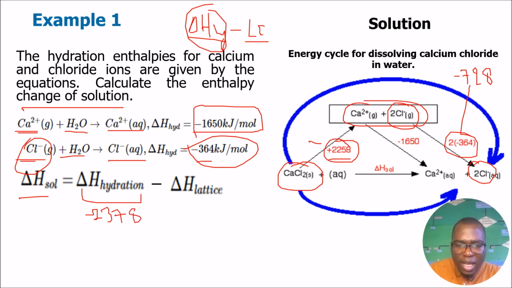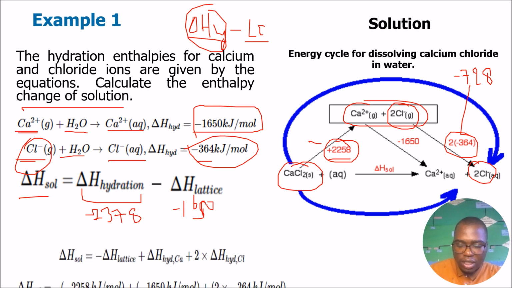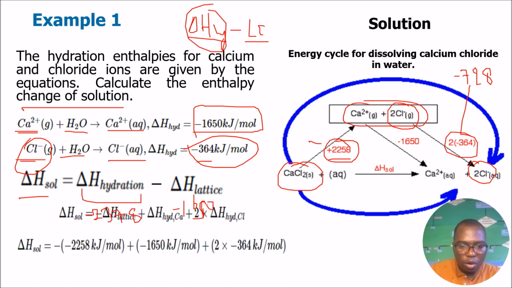Then the lattice energy, you know that it's the minus, also it's 1650. So if you compute this one, you discover that the minus which is here and this minus will give you a positive. The answer you are going to get is the same as when you follow this route which has been used here. So what has happened here is very simple.